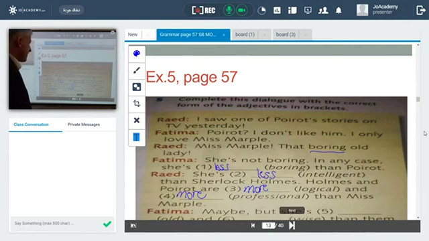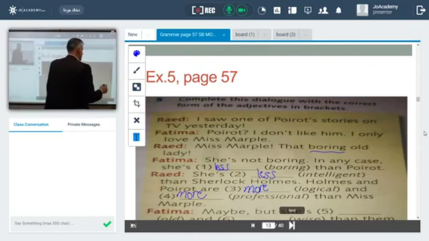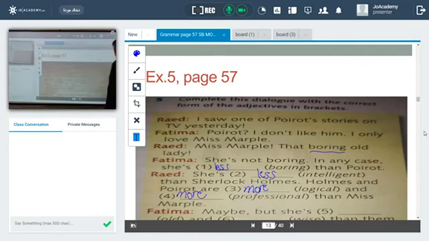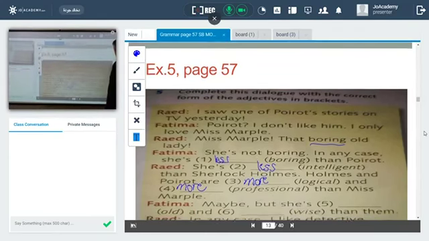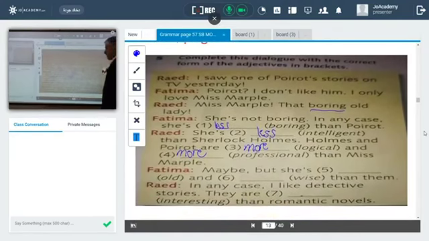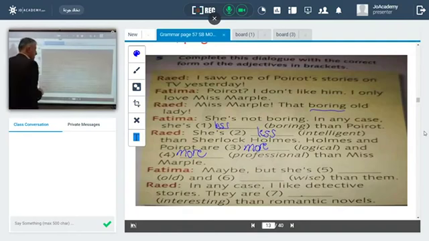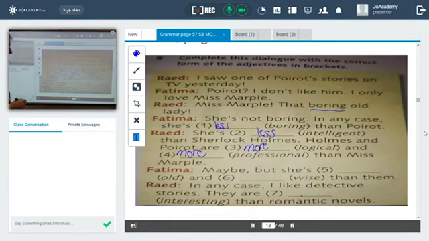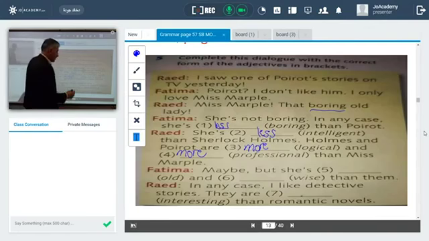Fatima: Maybe, but she is blank, old and wise. Maybe, but she is what? Here we have the adjective old. She is older.